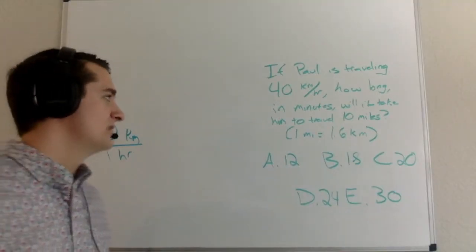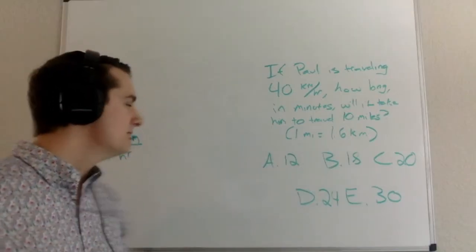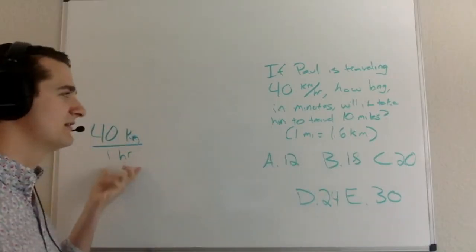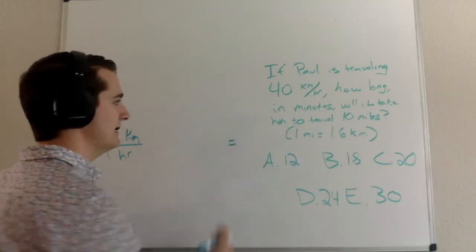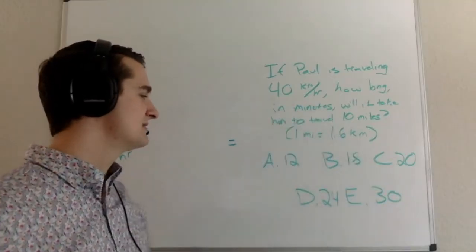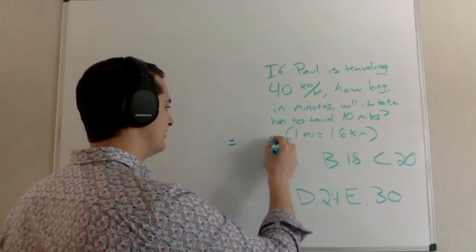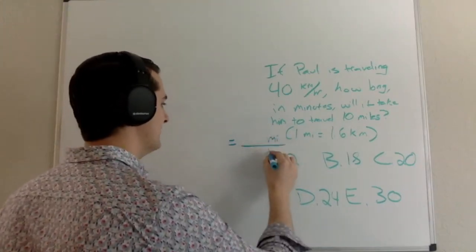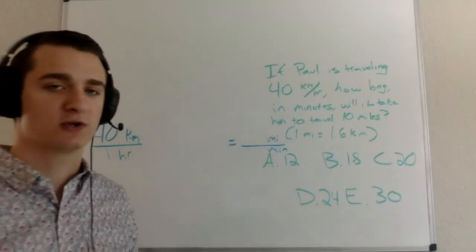If I look at this question, sure, I want an answer in minutes, but I'm given a rate and I'm converting a rate. And so I want to convert my rate to miles per minute because, again, I'm asked about miles in minutes. And so I want to convert my rate from kilometers per hour to miles per minute. And this gives me some sort of trajectory, something to work towards.